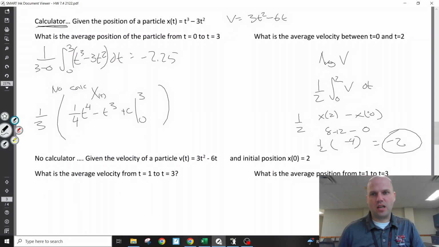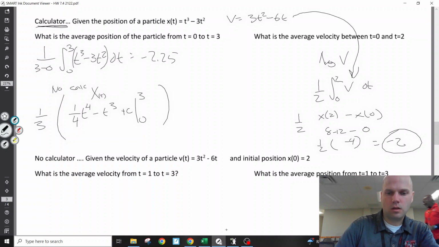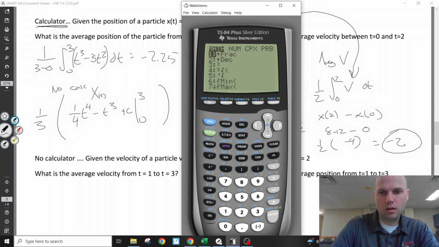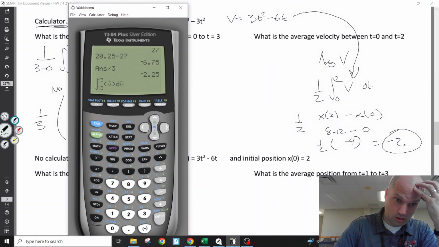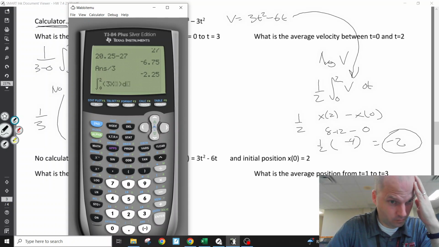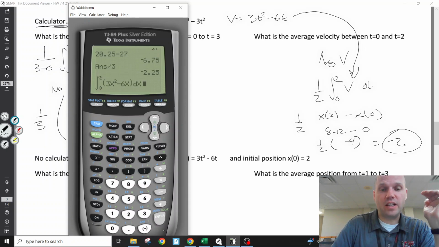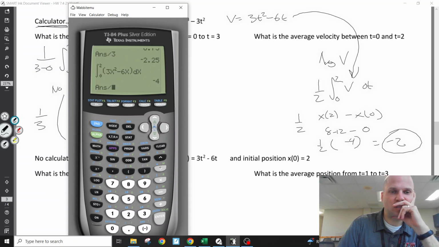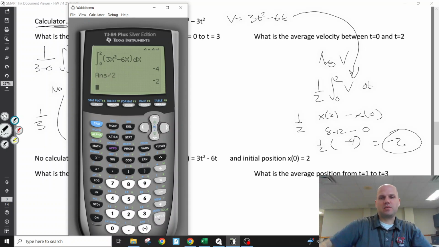You could find the same thing with a calculator, finding the area under velocity and dividing that by 2. Boom. Okay? Calculator, no calculator. You got to be ready to do both, and you can do both.